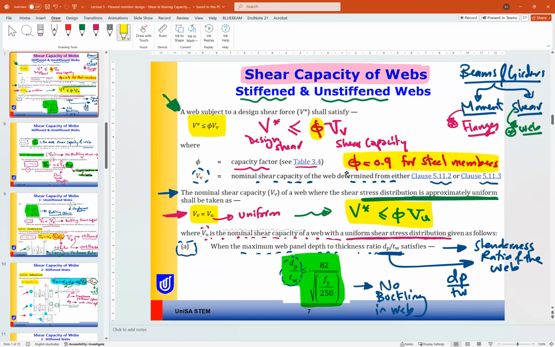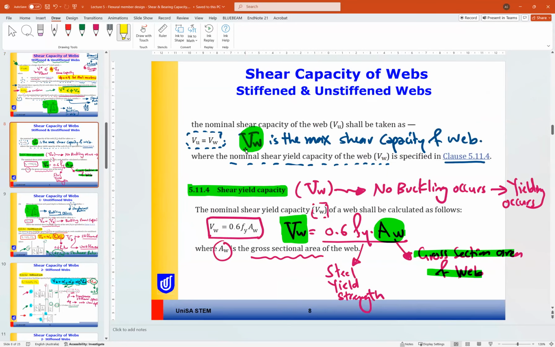So the first step to find the shear capacity is the slenderness ratio. Then if the slenderness ratio is less than the slenderness limit of buckling, no buckling will occur, so the shear strength will be equal to the shear yield capacity. In this case, Vw equals Vu equals 0.6 F yield Aw.